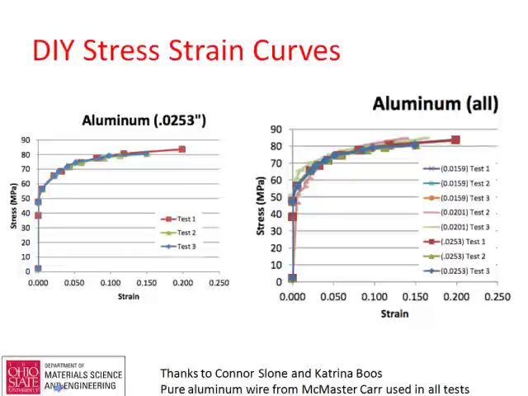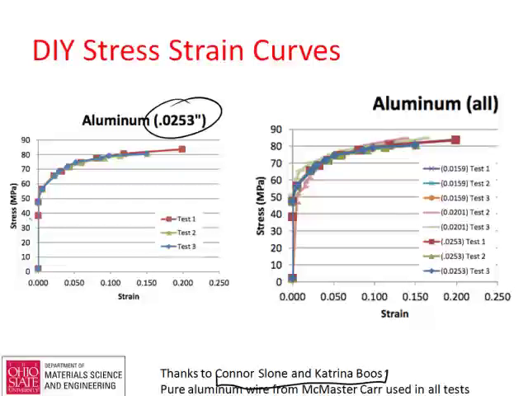This is basically the test that I went through. I think it was in lecture 2 when we talked about testing of wires. I had my very good undergraduates, Connor Sloan and Katrina Booz, test pure aluminum wires that we bought at McMaster-Carr. First thing they did is take these 25 thousandths diameter wires and hang weights from them, and measure the length as a function of the weight that's put on.